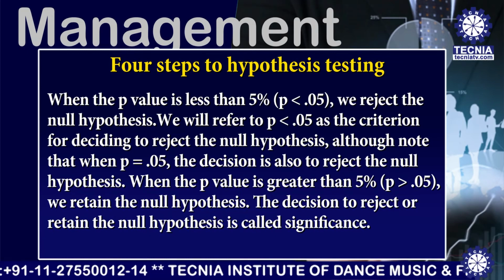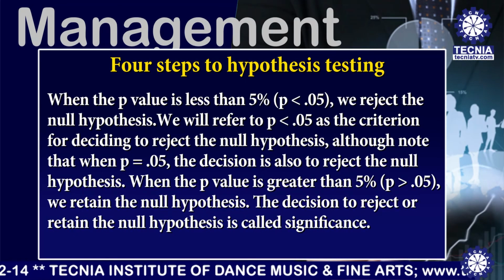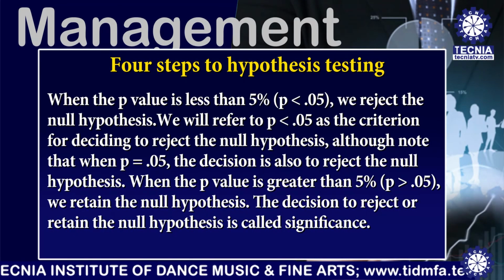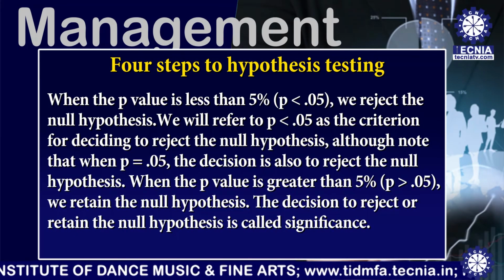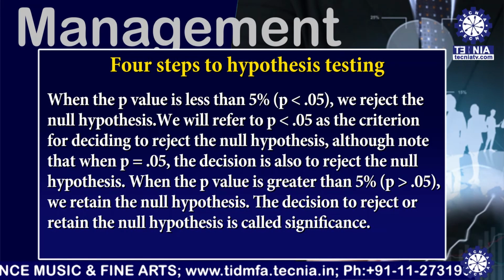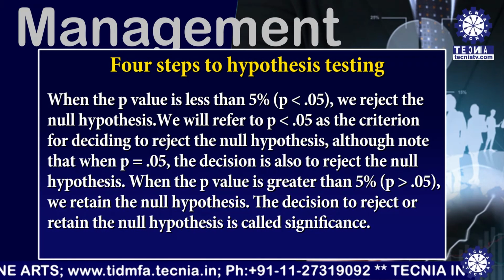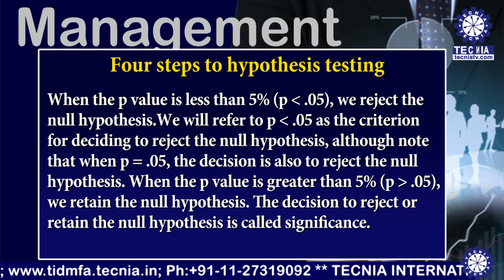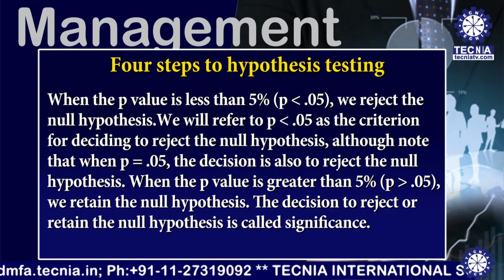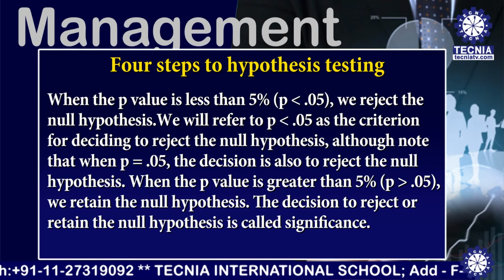We will refer to p less than 0.05 as the criteria for deciding to reject the null hypothesis, although note that when p is equal to 0.05, the decision is also to reject the null hypothesis. When the p-value is greater than 5%, we retain the null hypothesis.